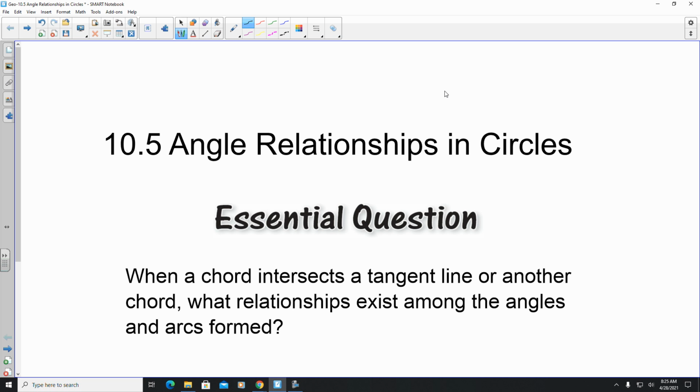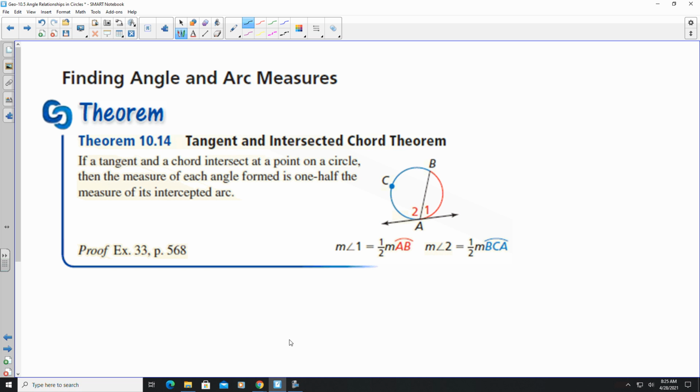There are different types of line and angle relationships with respect to circles, and there are some theorems that we're going to take a look at that are going to help us find either angles or arc measures with a specific intersection. For the first theorem, we have the tangent and intersected chord theorem.